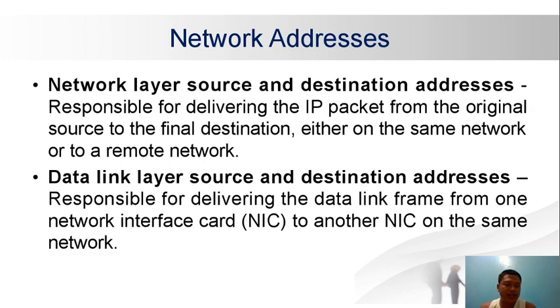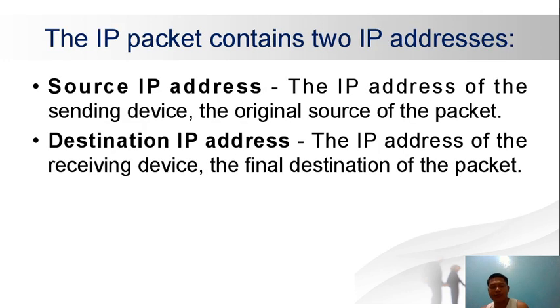Network addresses. Network layer source and destination addresses are responsible for delivering the IP packet from the original source to the final destination, either on the same network or to a remote network. Data link source and destination addresses are responsible for delivering the data link frame from one network interface card, or NIC, to another NIC on the same network.